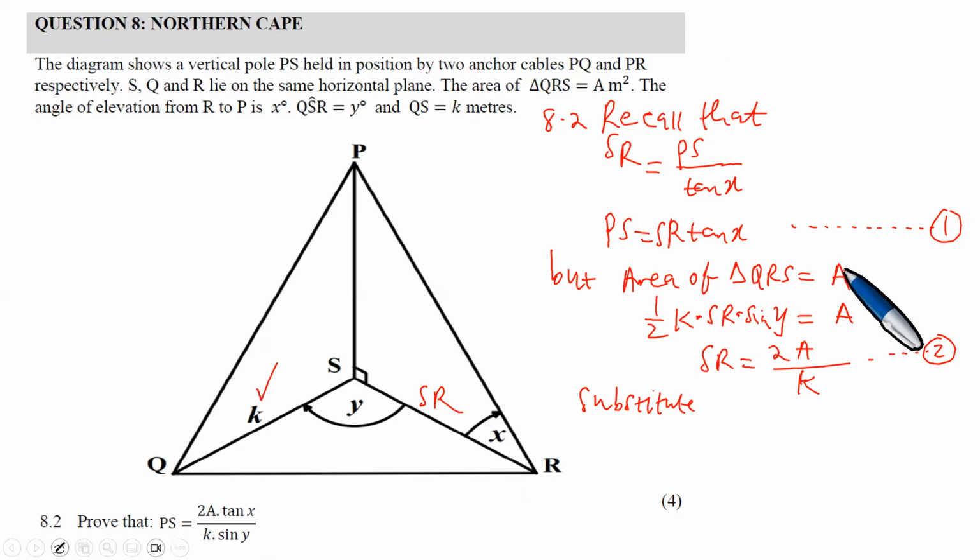If we're able to get the area as well, then we can get SR from the area. What is the area of triangle QRS? The area of triangle QRS is half K times SR times the sine of the included angle, which is the angle Y.